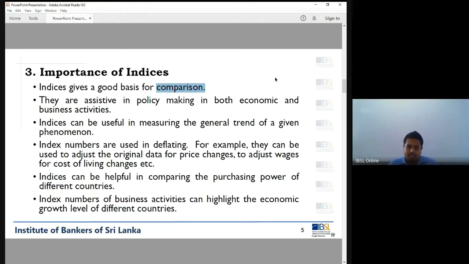Isn't it easier if you scale everything down to 100? That's the whole idea of a good basis of comparison. Once you boil them down to a uniform basis of hundreds, it's very easy to discuss, and easy to see where your index value has gone up and where it has gone down.